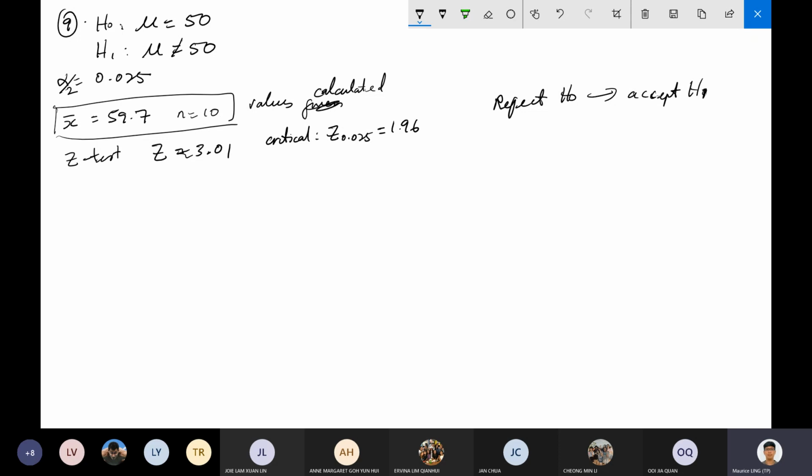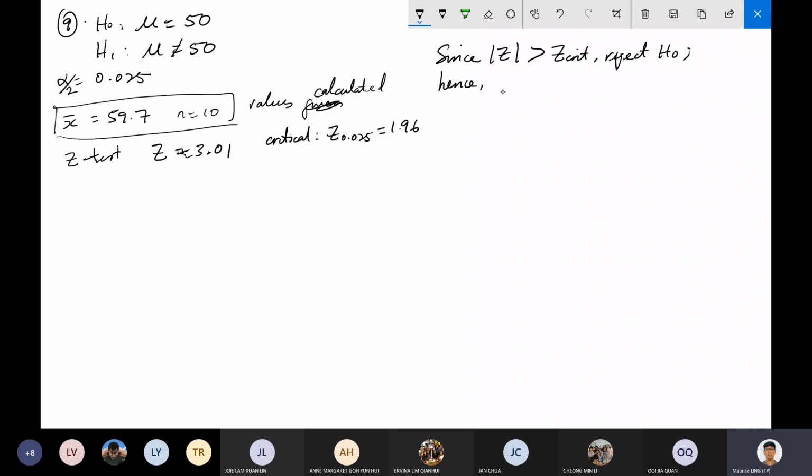Okay. So how you look at the way I write my statement, I will always write this way. Okay. Since my absolute z value is more than my z critical value, I reject my null hypothesis; hence, I accept my alternate hypothesis.